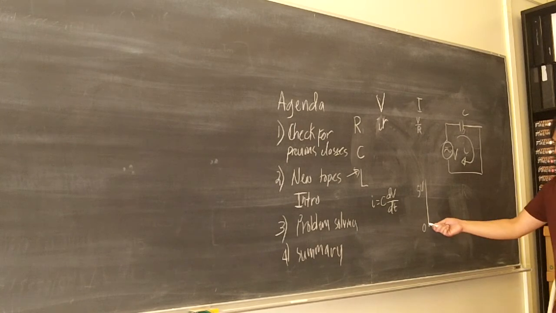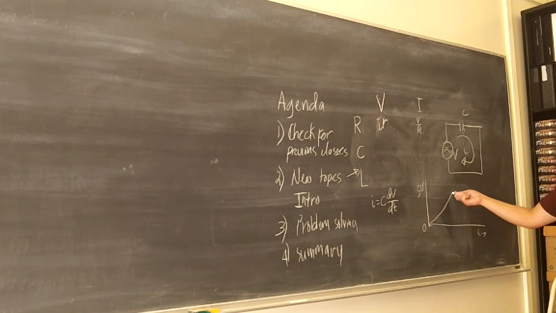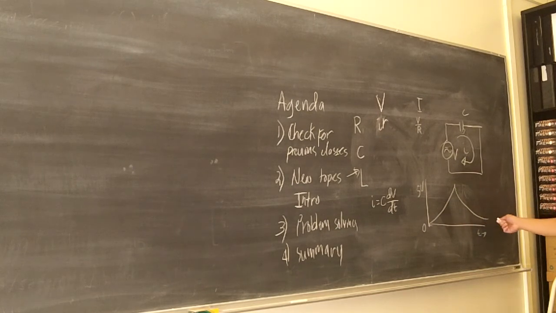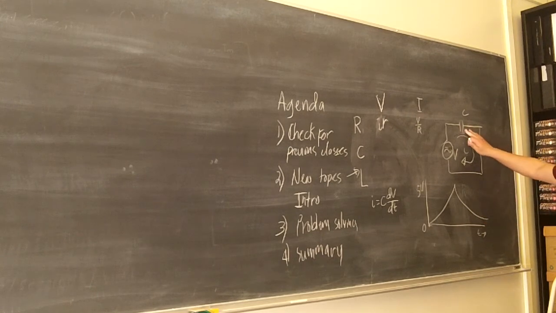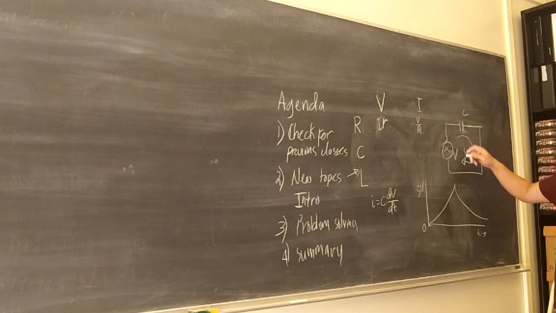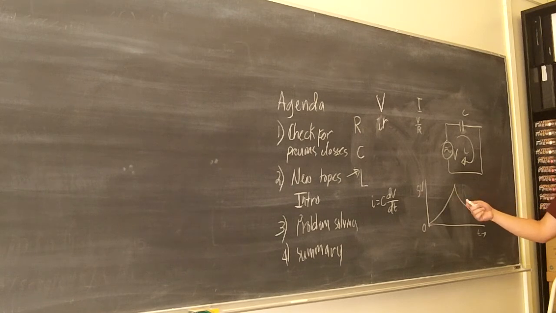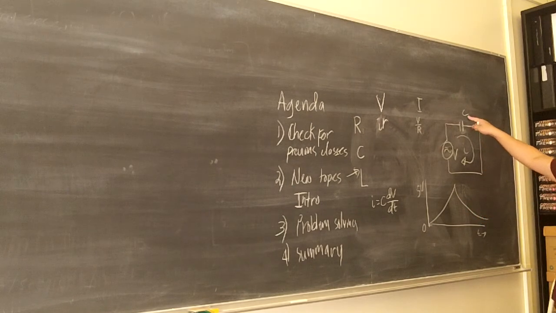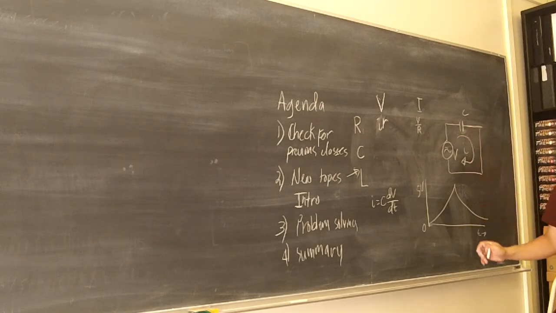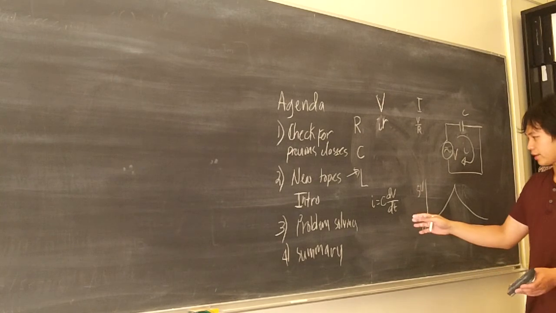As time goes by, your capacitor gets charged. That's the voltage across it. Now to get the current, the formula is I equals C dV over dt. Capacitance times change in voltage over change in time.